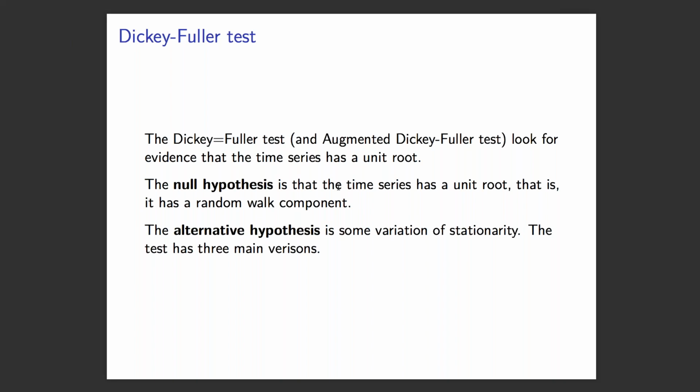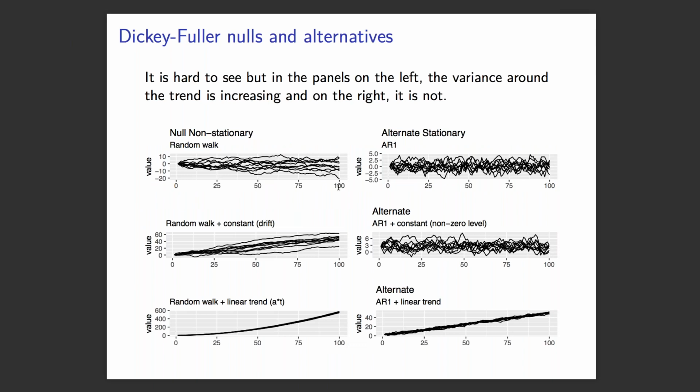And the alternative and the nulls have three versions. Here's the plot that I was thinking of. So here are the three nulls that we have. This is a random walk with no drift term. This is the random walk with a drift term, with that added constant. Remember the equations that I showed you? Now it's going to go upward, or downward if that drift term is negative.